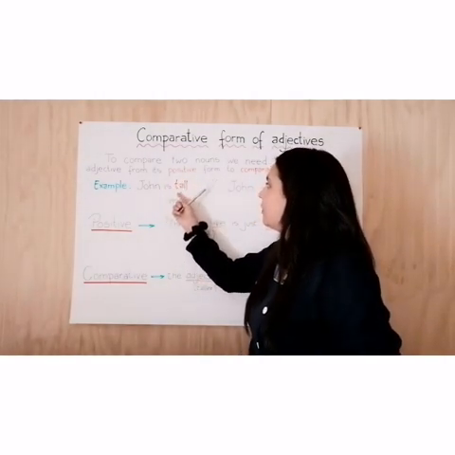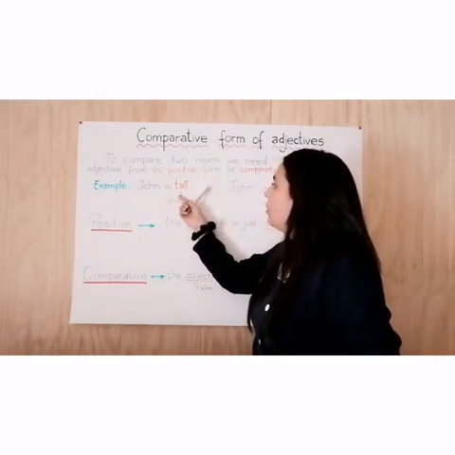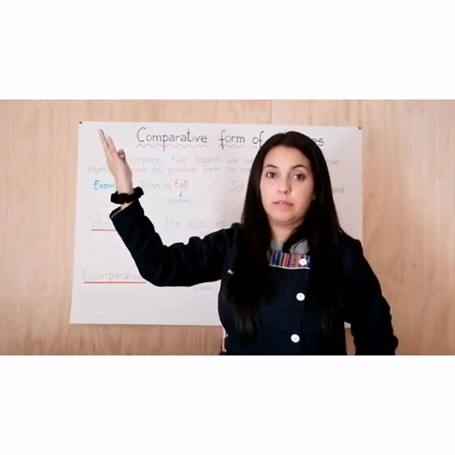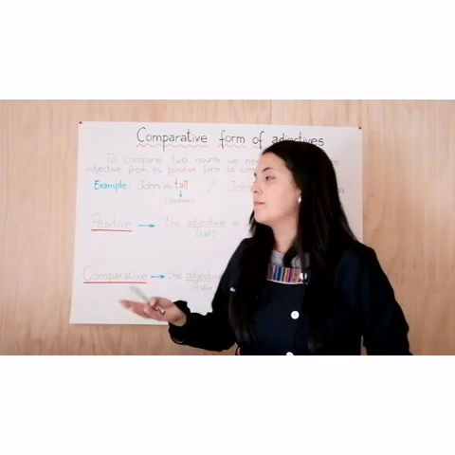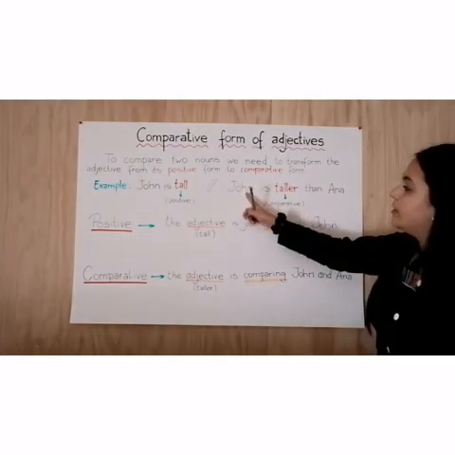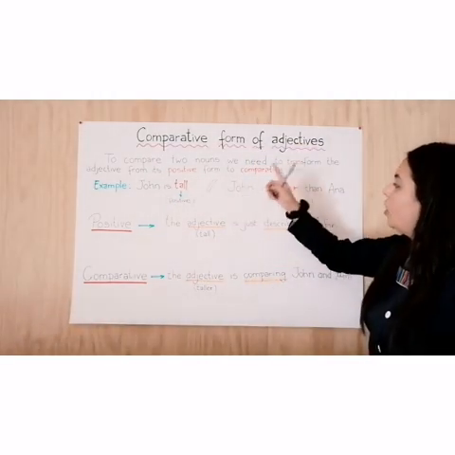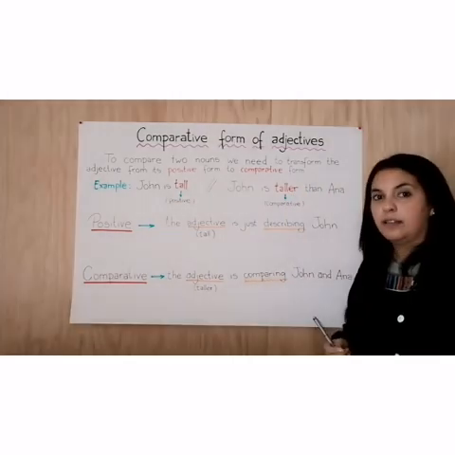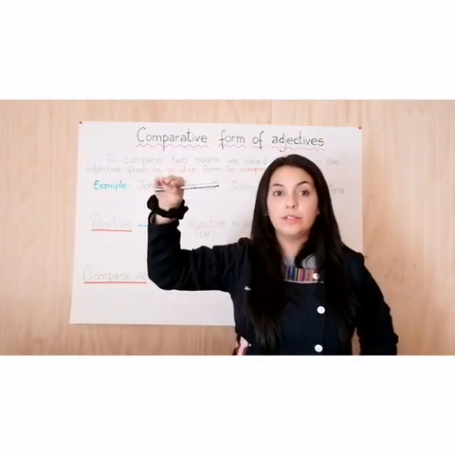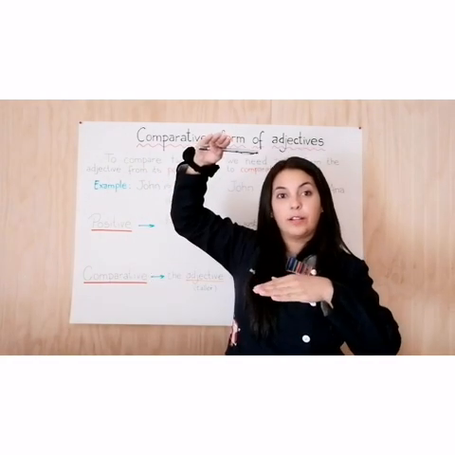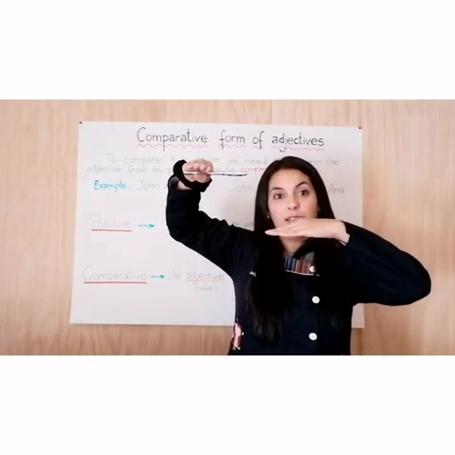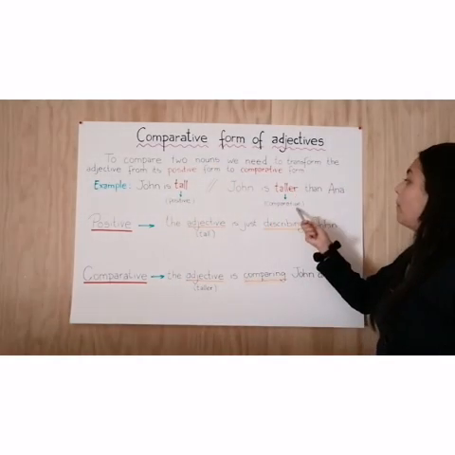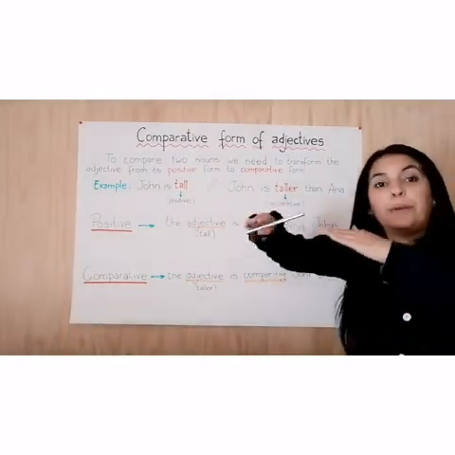Tall is the adjective in positive. John is tall. It's describing. And the comparative form is John is taller than Anna. He's taller than Anna. That's comparative. We are comparing.